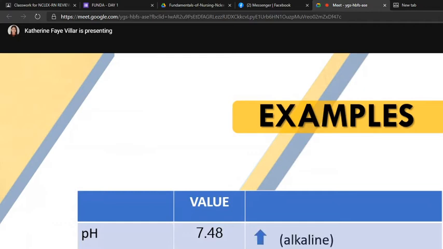Diba? Mataas siya, so alkaline. What for the PCO2? Paano to? Ako na nga sasagot. Normal. Okay, normal. HCO3. Low, so acidotic. Tama ba? Low? 19. Yes! Final answer.